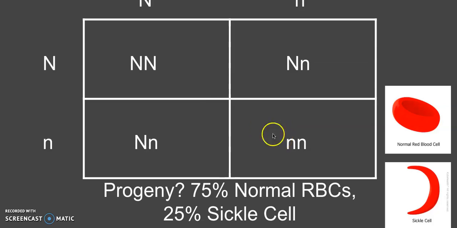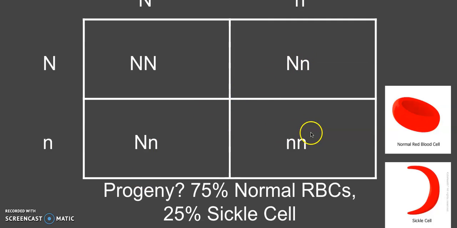So if we look at this, this person here, since it's a recessive disease, they will not have the disease. They'll have normal blood cells. These two are both going to be like their parents, carriers of the sickle cell allele, but they will not themselves have sickle cell.